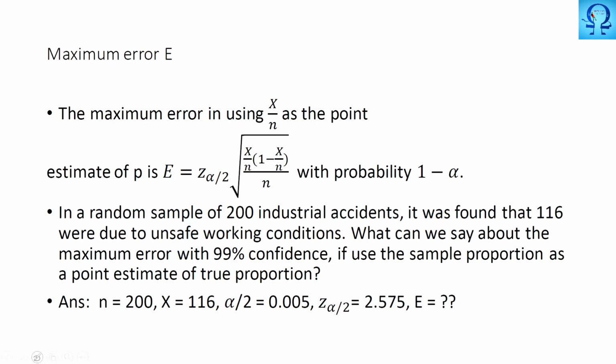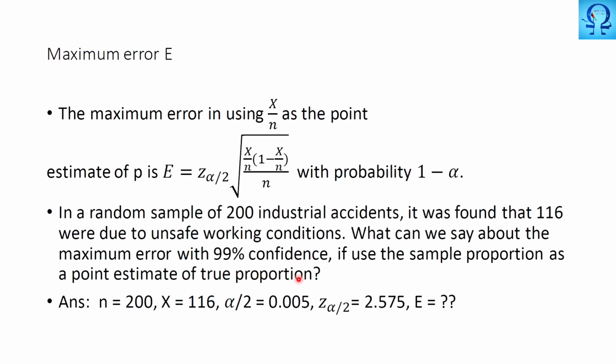Okay, here we are discussing the maximum error. So this could be the maximum error, which is z alpha upon 2 multiplied with this quantity. In a random sample of 200 industrial accidents, it was found that 116 were due to unsafe working conditions. What can we say about the maximum error with 99% confidence, if we use the sample proportion as the point estimate of the true proportion?